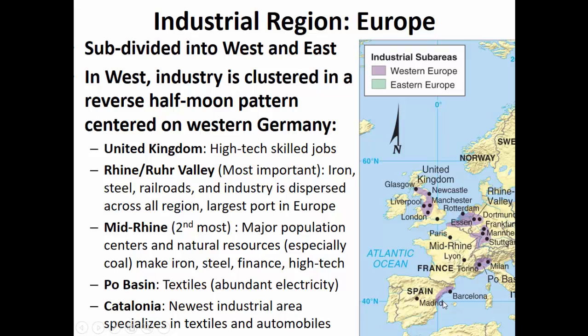All right? We start from top to bottom, United Kingdom. This is the oldest industrial region. This used to be where the industrialization started. This used to be massive amounts of coal and iron, eventually steel. Over time, those jobs left. They went to Southern and Eastern Europe, or they moved overseas to China and other places like that, just like in the U.S. And so this area has kind of reinvented itself now as more high-tech, high-skilled jobs.